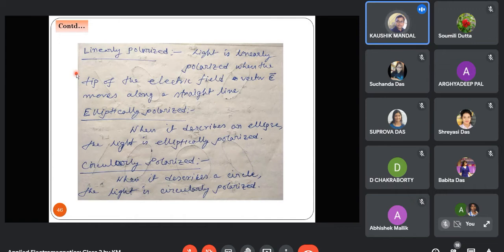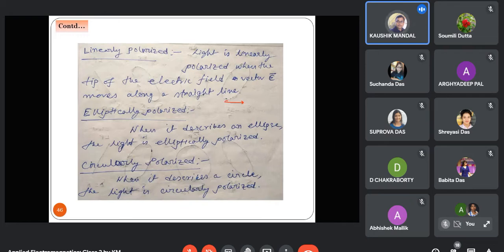the tip of the electric field vectors will move along a straight line. That is very important. Along a straight line. The tip of the electric field vector will move along a straight line. That means it will describe or move along a straight line, it may be along x-axis.